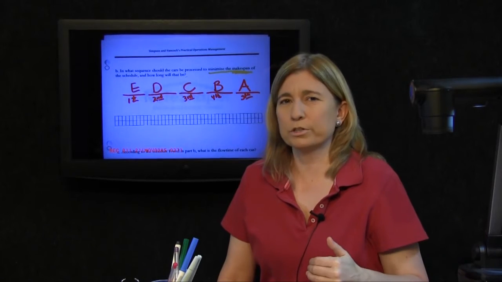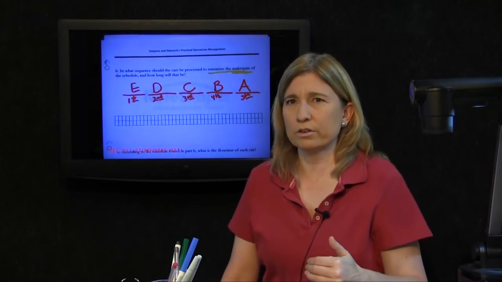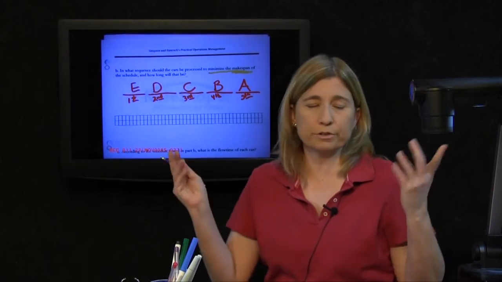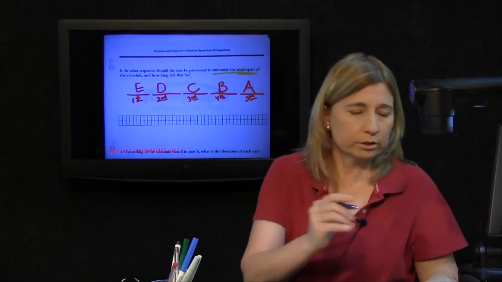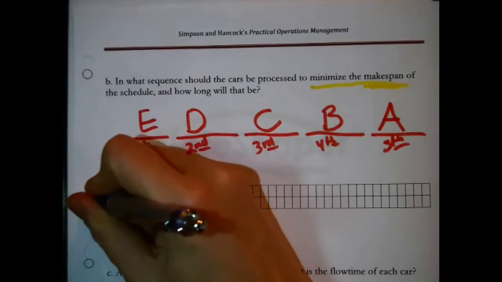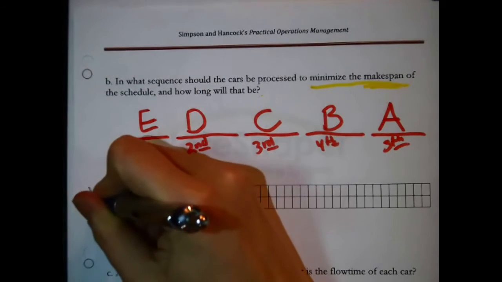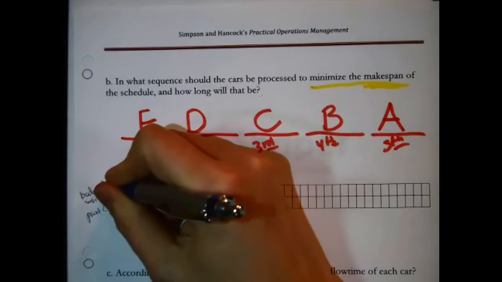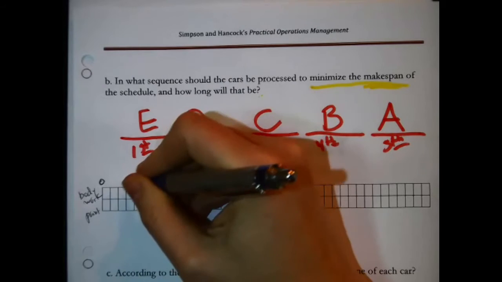The second part of this question is, okay, if they do that, how long is it all going to take? We have to do another Gantt chart. All right. So first off, just like last time, the labels. This is body work. This is paint. There's the start of the schedule. 1, 2, 3, 4, 5.